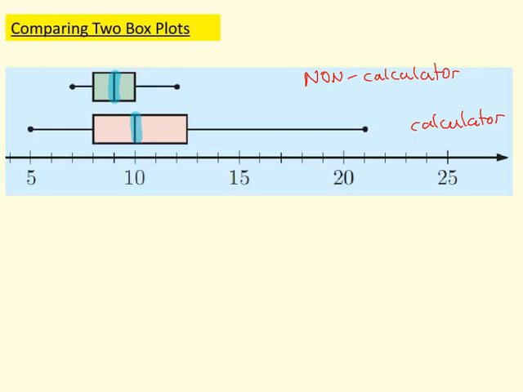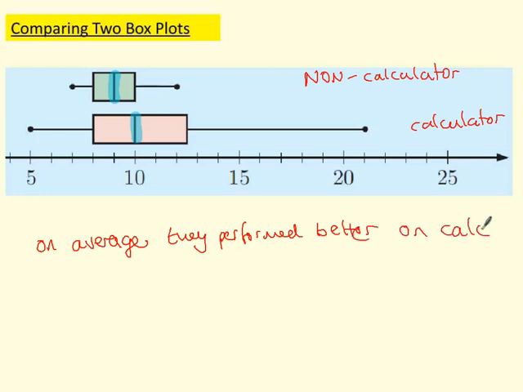And you can see that on the calculator test they did slightly better. So you can say on average they performed better on the calc test because the median's slightly higher.